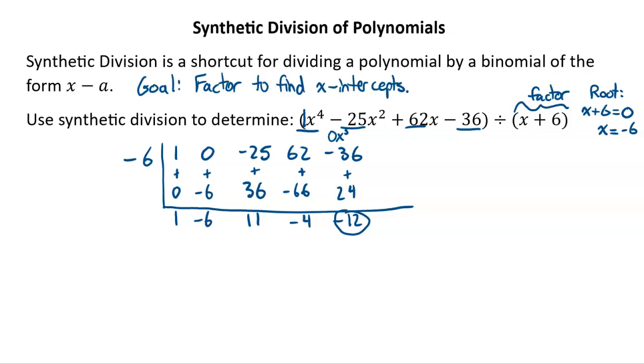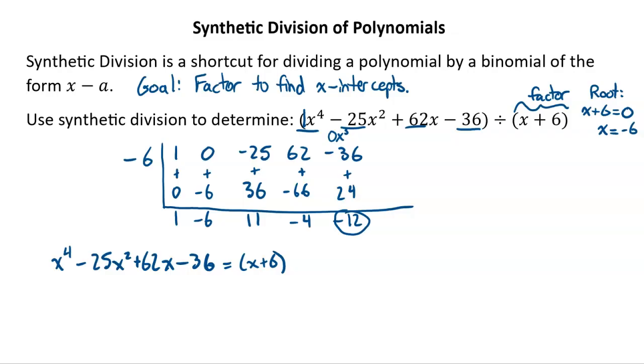Now that number is always the remainder. So that means that the remainder after we did this division is negative 12. The other numbers are the coefficients, starting from right to left with the lowest degree coefficient to the highest degree coefficient. So the lowest degree is just degree 0.